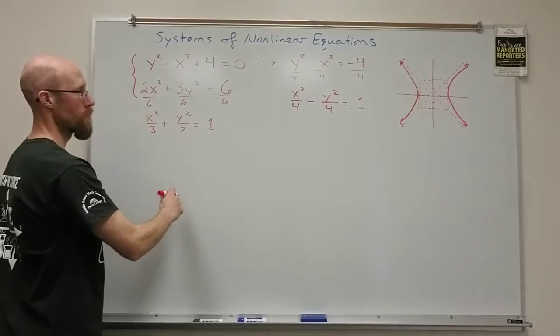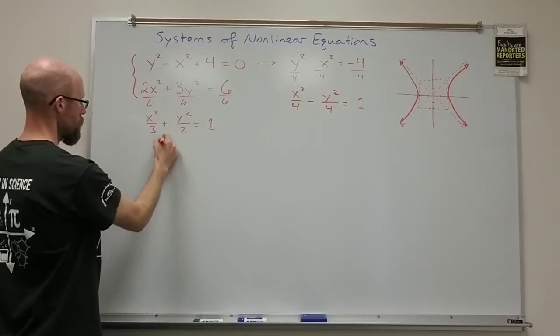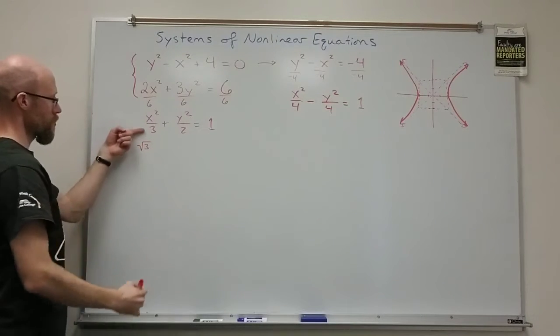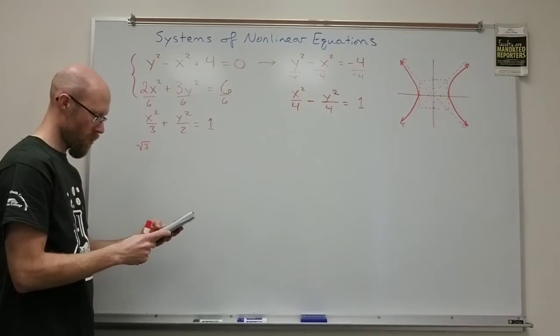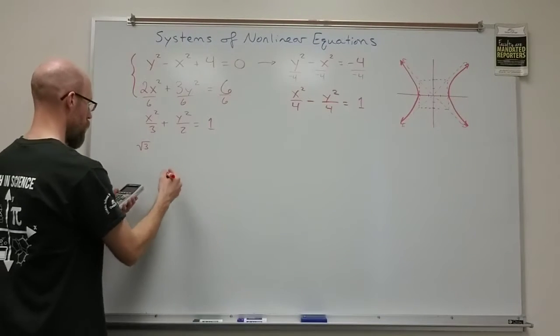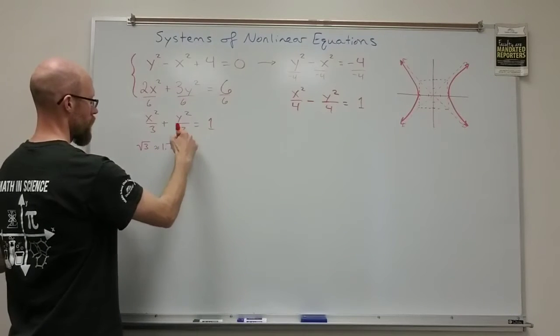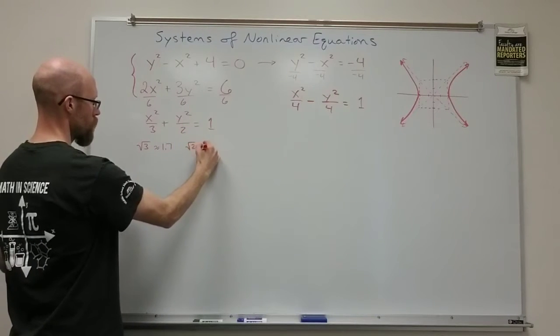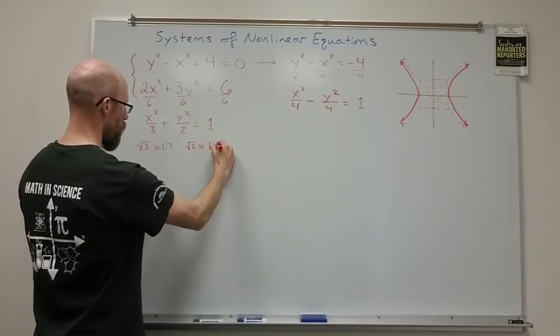These are pretty quick to figure out. The semi-major axis will be root 3. It's the square root of this denominator, which square root 3 is around 1.7. The semi-minor axis will be root 2, which is around 1.4.